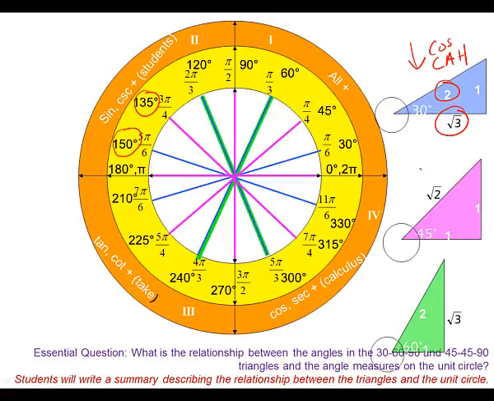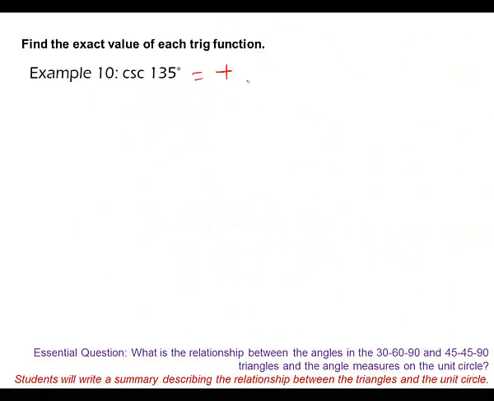Red or pink, right? So we're going to use the pink triangle. We're looking for cosecant. Cosecant is CHO, isn't it? So what's on your hypotenuse? Square root of 2. What's on your opposite? 1. So I'm going to do square root of 2 over 1. And I could leave it like that, but you could also just write it as square root of 2. I wouldn't mark you wrong for leaving a 1 in the denominator.